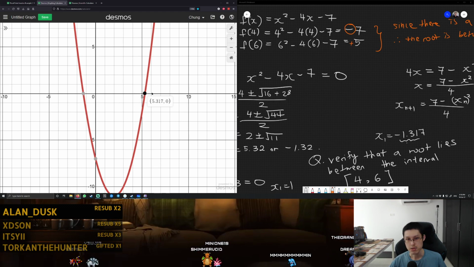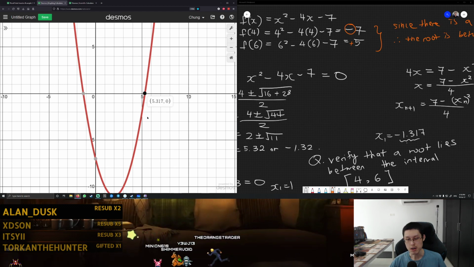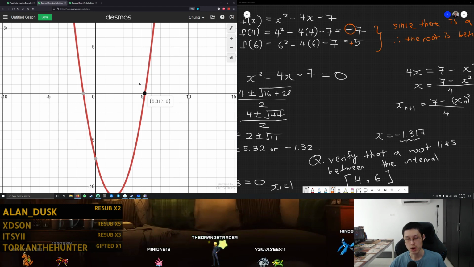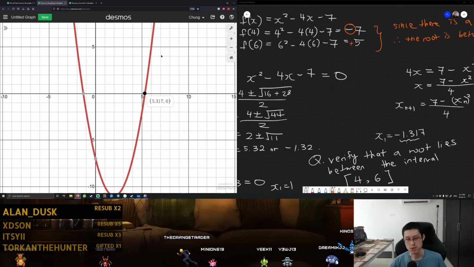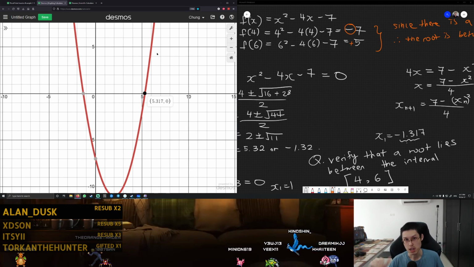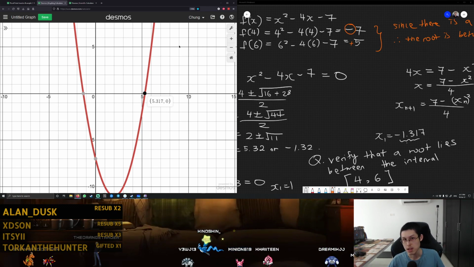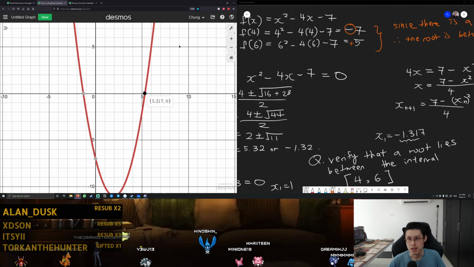If we take x equals 6, however, our y is going to give me some positive number. So if your curve passes through the x-axis, then when you pick these 2 points, there's going to be a sign change, because you can see it goes negative to positive. Whenever there's a root, your curve is going to cut through the x-axis. And whenever it cuts through the x-axis, there must be a sign change. That's why we are looking for a sign change, to show that the root is between those two values.